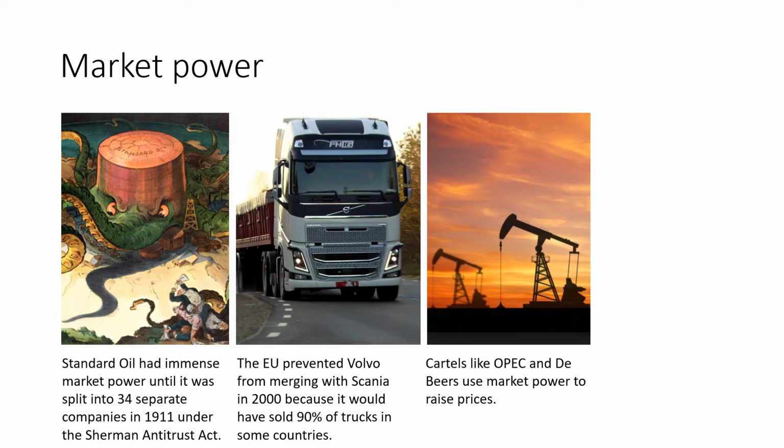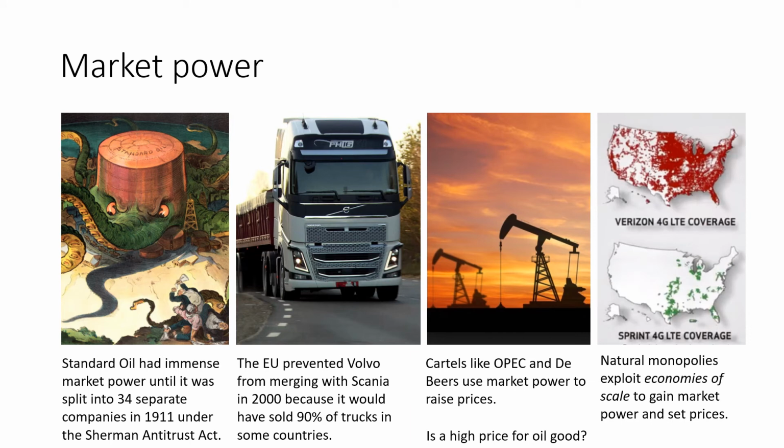And cartels like OPEC and De Beers use market power to raise prices. And some natural monopolies exploit economies of scale to gain market power and set prices. These are some examples of market power and how they have been regulated.